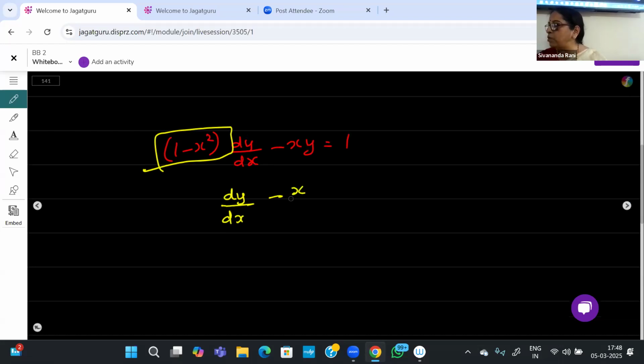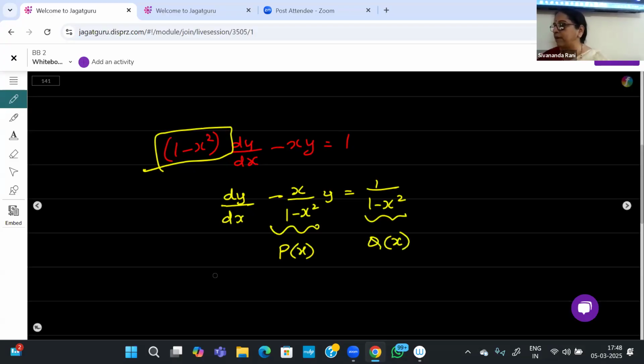So the first and foremost job would be to divide throughout, even the right hand side, everywhere. After this, it will become P of x here, and Q of x. These are proper P of x and Q of x factors.